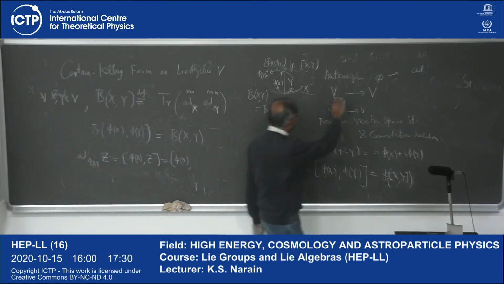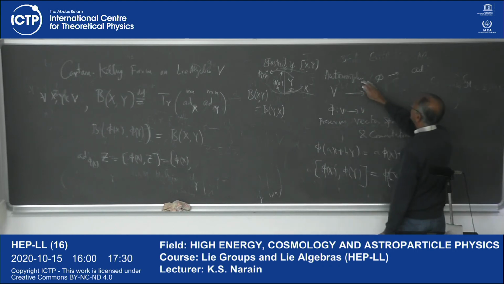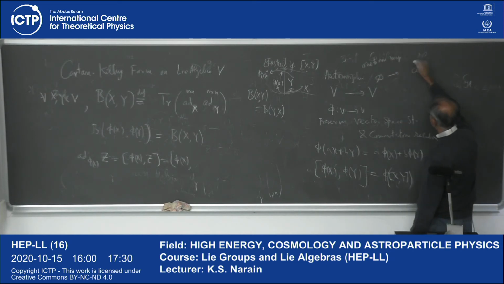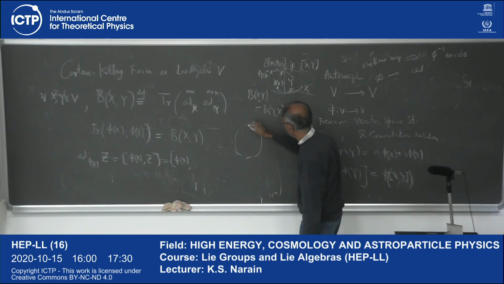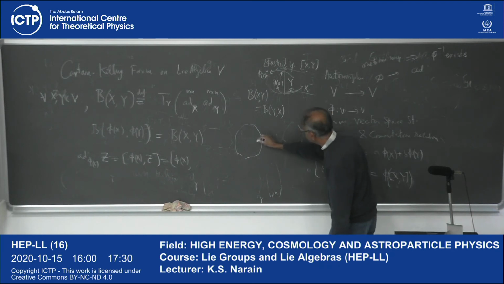But this I can rewrite as phi of x. I should also mention that an automorphism is a one-to-one map. This means that the inverse exists. So what this implies is that phi inverse exists. Because if I have some space and it is mapped by a one-to-one map, every point is mapped somewhere, and it is one-to-one.